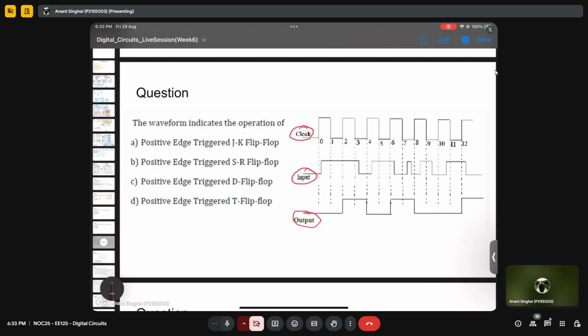First of all, by seeing the problem, let's ignore the positive edge triggered for now. You can clearly see that in the problem we have one input and one output. So what can be the possible answers? Can you eliminate some of the options? Anyone wants to comment?